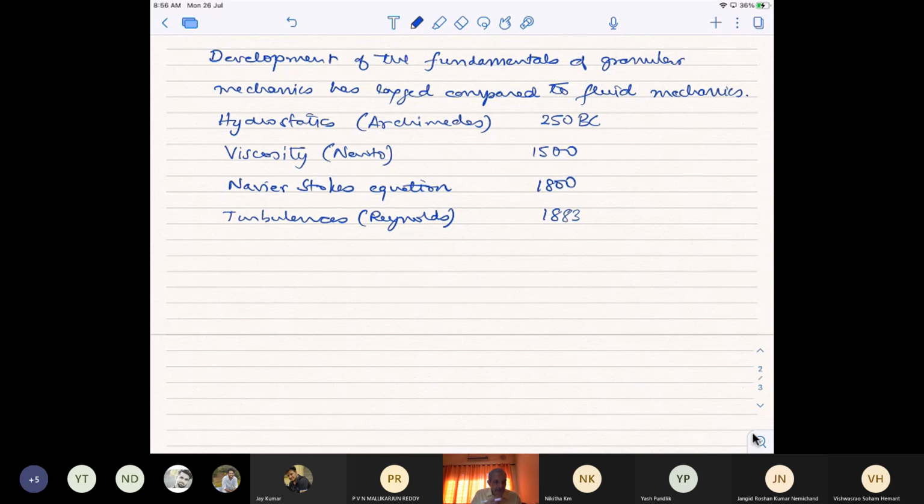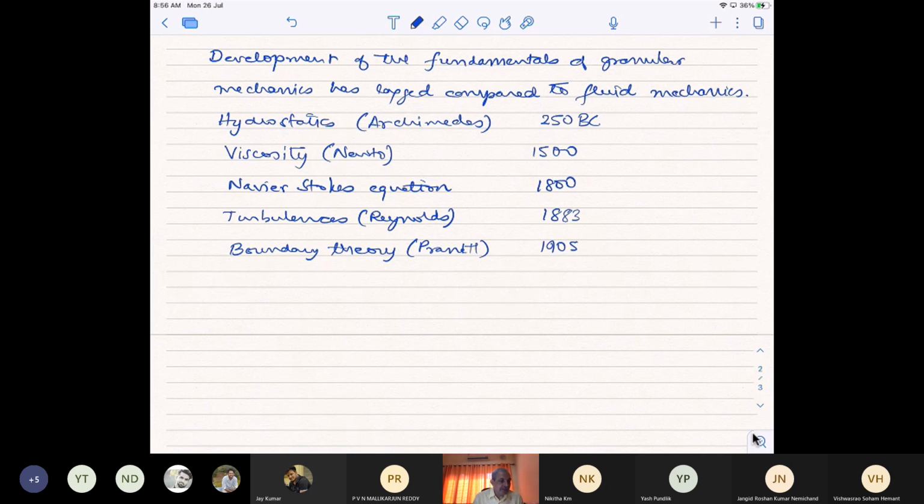And then things really advanced, and you had the boundary layer theory by Prandtl in 1905.